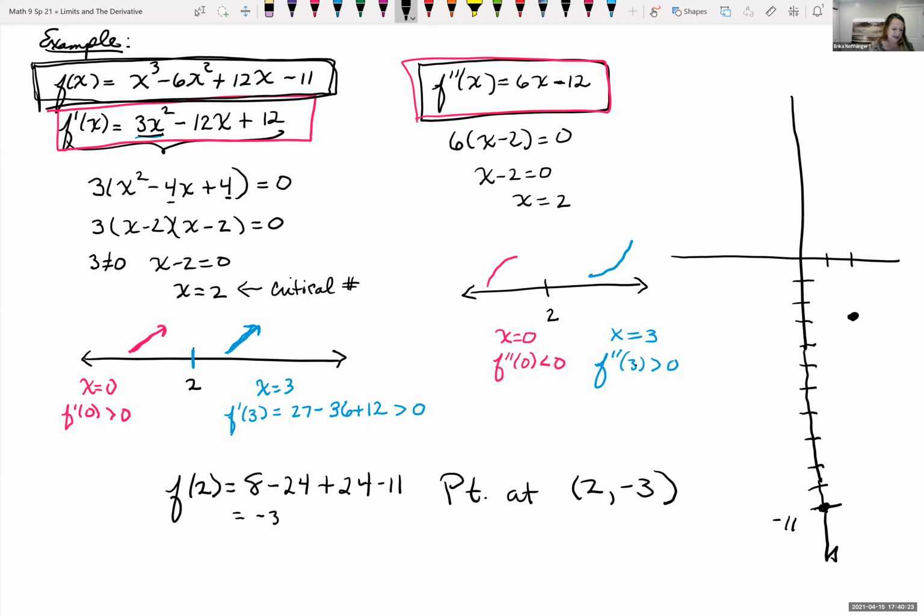And we know that it's increasing, concave down at first. Kind of looks like a straight line for mine. But concave down. And then it's going to change to concave up, but still increasing.